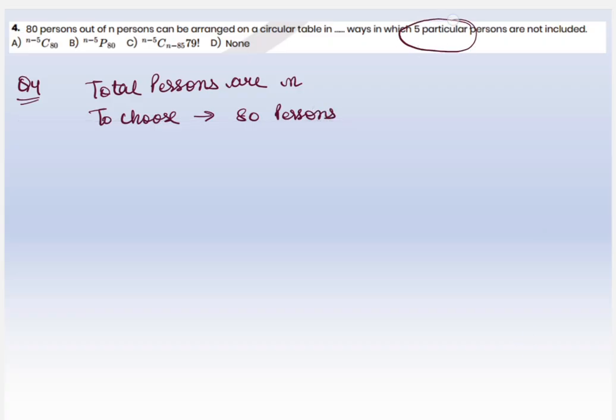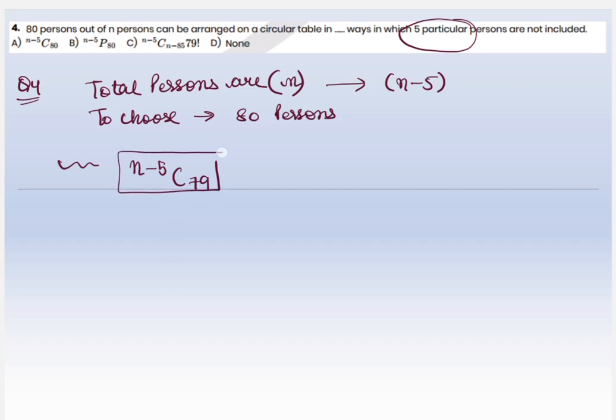Given 5 particular persons are not included, so out of the n people you cannot choose from those particular 5 people, right? So total selections can be n minus 5 C 80.